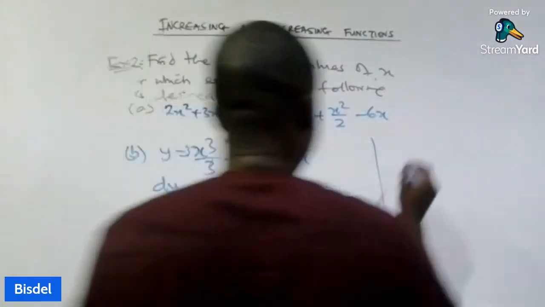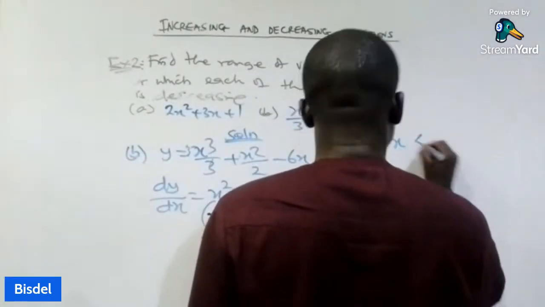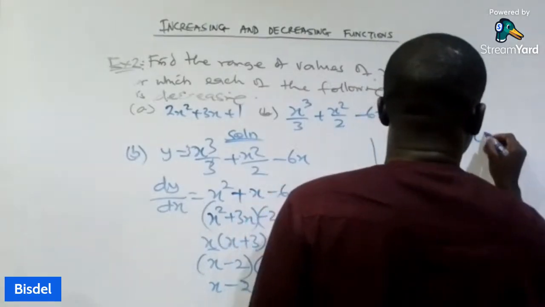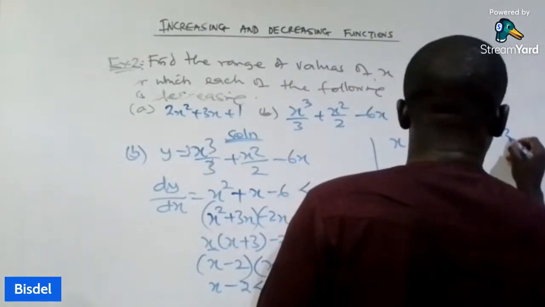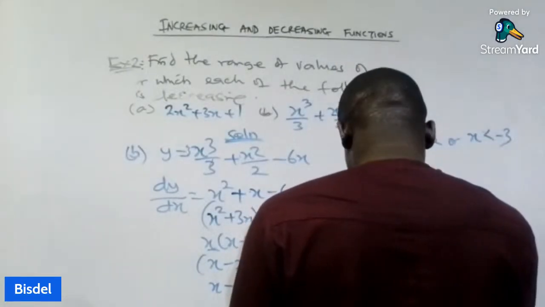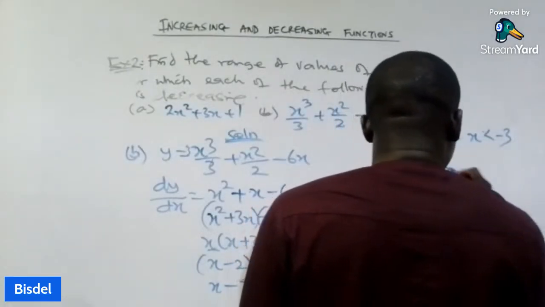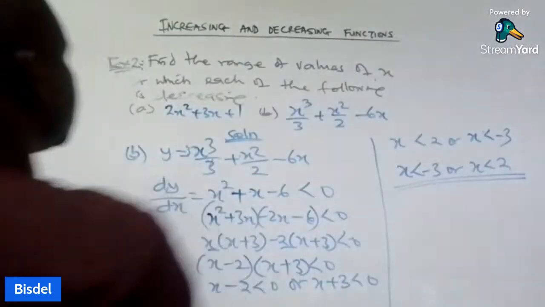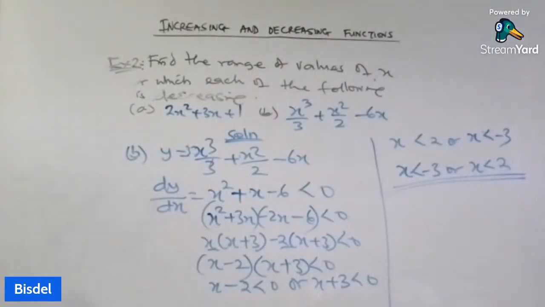Then from there, we have x less than 2 or x less than minus 3. So x is less than minus 3 or x is less than 2 will be the range of values for which that function is decreasing.